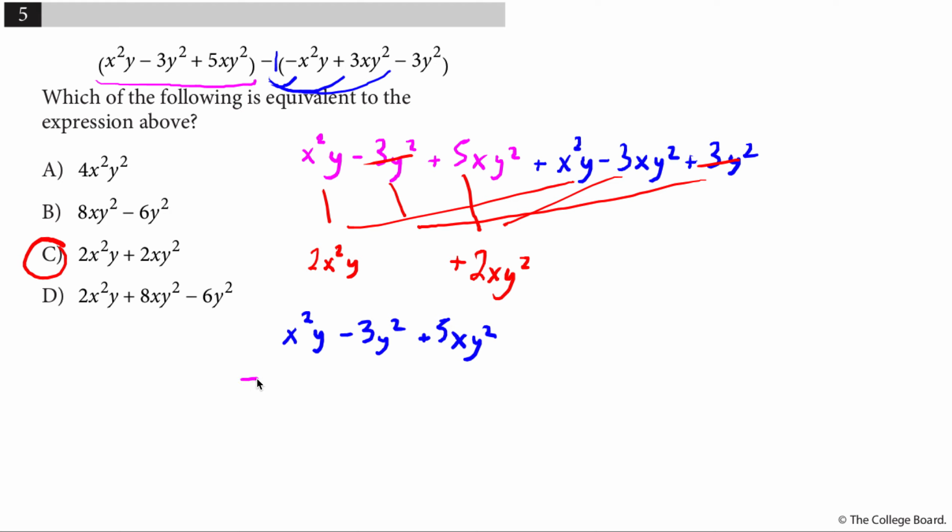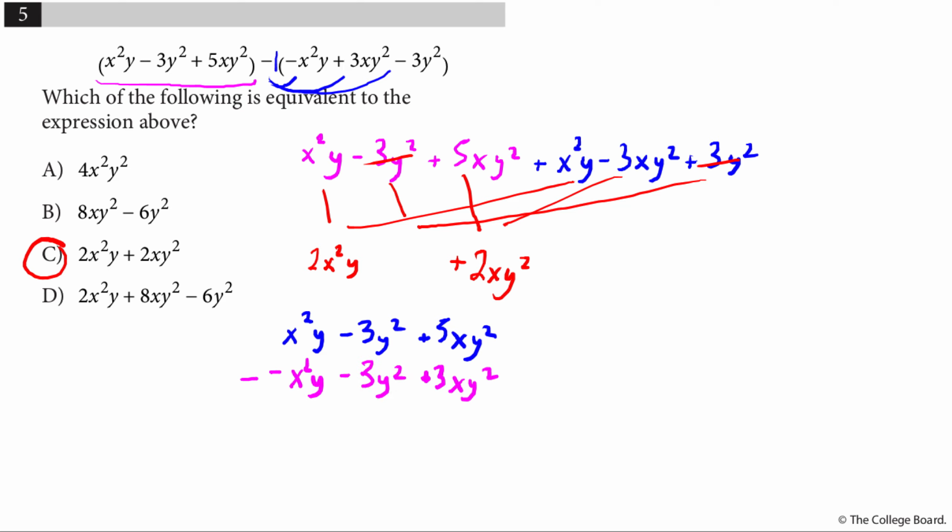And then I can put minus, and I just need to line up the correct term. So I have a negative x squared y, I have a 3xy squared. That's actually going to align with this term here. And I have a negative 3y squared, which will go right here.